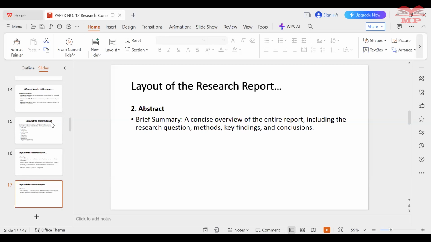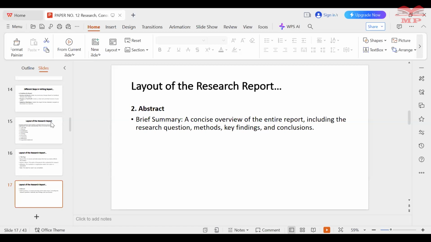So what normally happens, some organizations or institutions could give the number of words that are expected to be in the abstract. So the abstract could, for instance, be required to have not more than 300 words or 250 words. And this particular abstract may also require to have the key terminologies or the keywords.